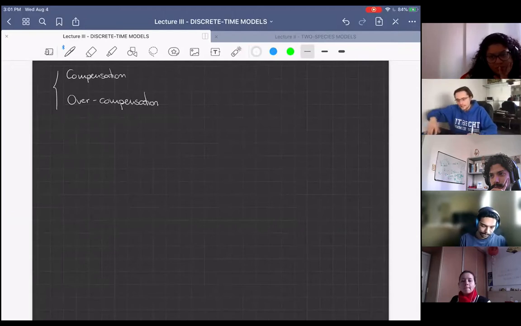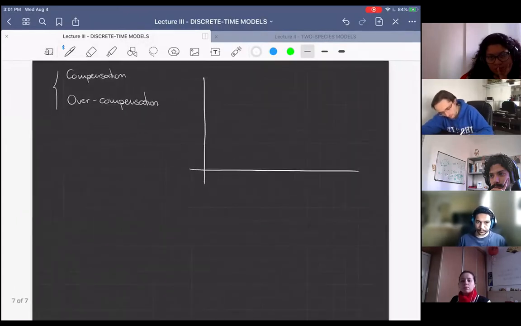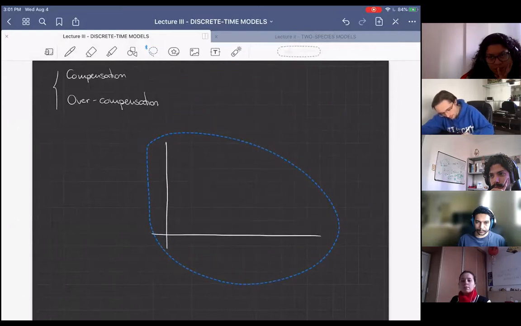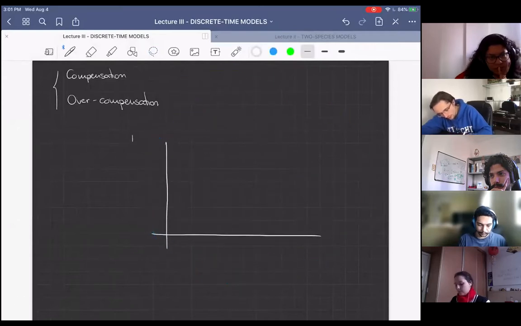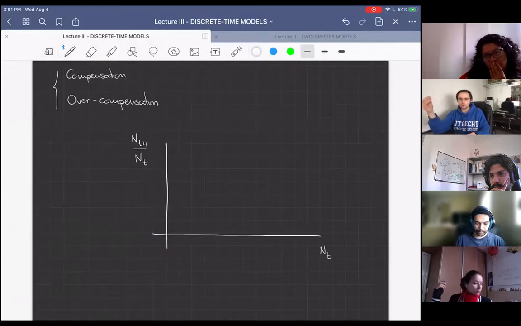What I mean is that if I plot the ratio between nt plus 1 and nt as a function of nt, which means how fast the population grows, the relative growth of the population as a function of the number of individuals in the population.